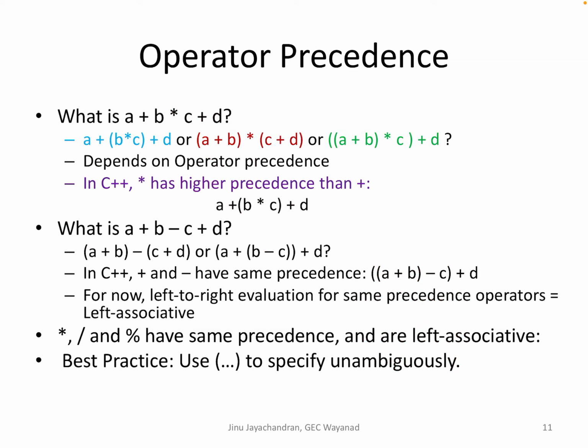Next is operator precedence. This is a very important topic. So let's say I have an arithmetic expression like this: A plus B into C plus D. Now the question is, how will it be evaluated? Will it do A plus B first, then it is multiplied by C, then it is added to D?